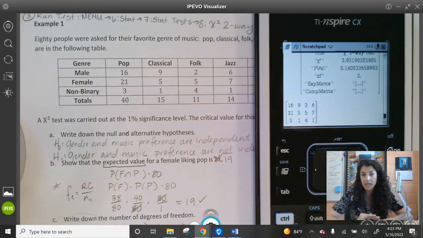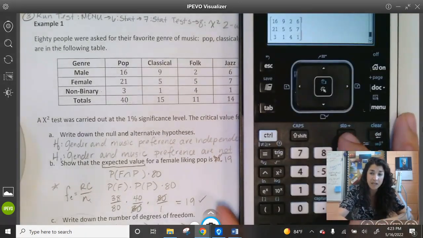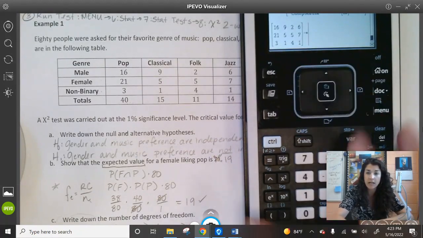Once you have filled in all of those numbers for the matrix, you then need to store the matrix. It means you just need to give a name to this matrix. So what I've done is I've scrolled to the right, where you notice the blinking cursor is now to the right of the matrix. I can't scroll to the right anymore. I hit Control and then vars, which is just above 9 right here. And it's done this little arrow because I'm going to store it.